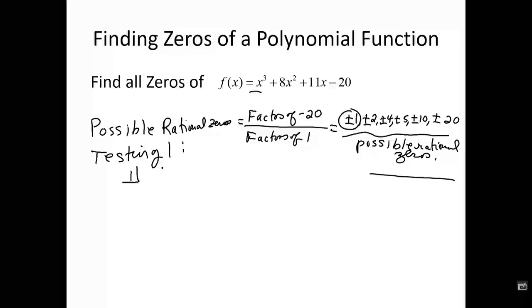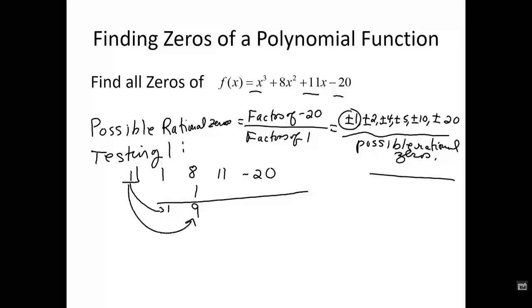So we have 1, 8, 11, and negative 20. On the bottom row, we bring down the leading coefficient 1, and we begin the multiplication. 1 times 1 is 1, and then we add. 1 plus 8 is 9.